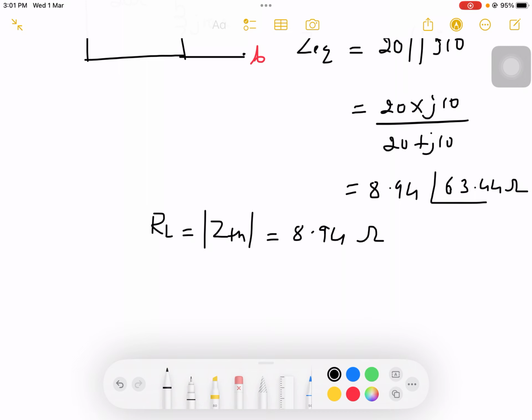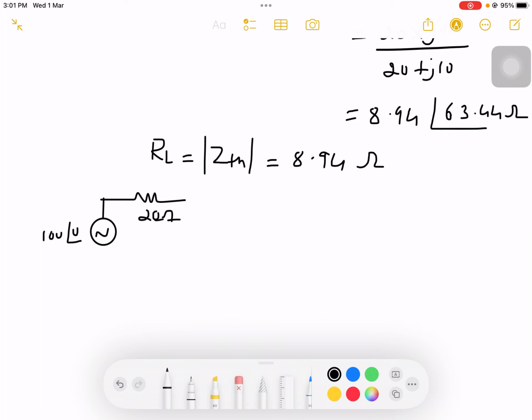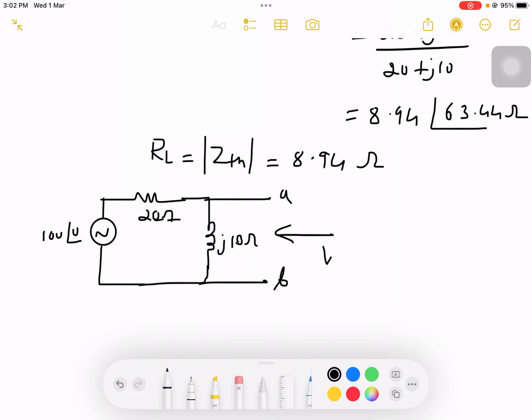First I will determine the open circuit voltage for the same circuit, considering a voltage source of 100 at an angle 0, with 20 ohms in series and impedance of J10 ohms at terminals A and B. So I will find the open circuit voltage VTH, which I can also write as VAB, because the terminals are A and B.